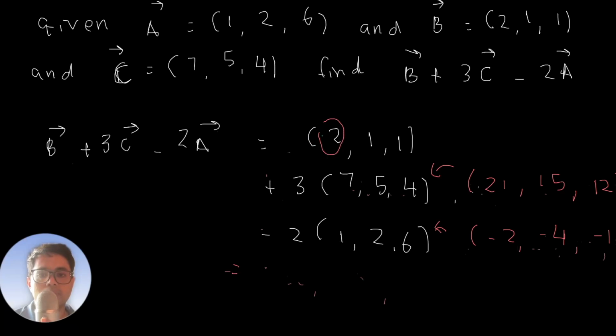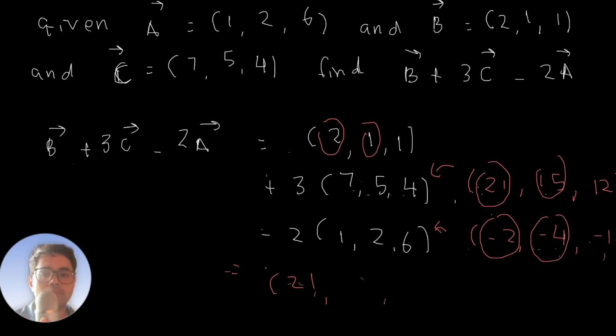Then 2 plus 21 minus 2 will be 21. 1 plus 15 minus 4 is 12. And then we take 1 plus 12 minus 12 would be 1. Our solution.